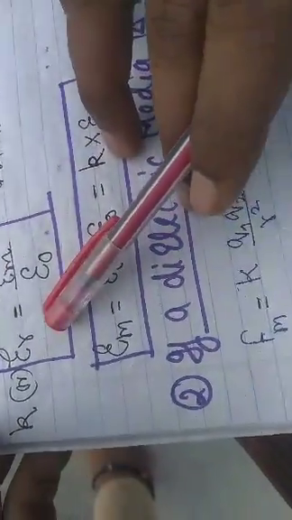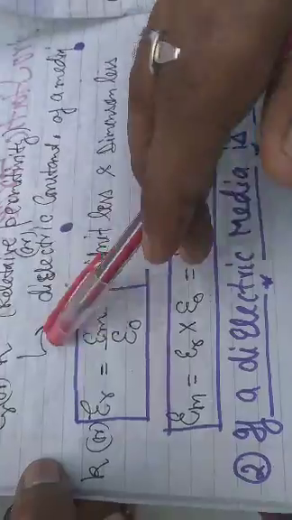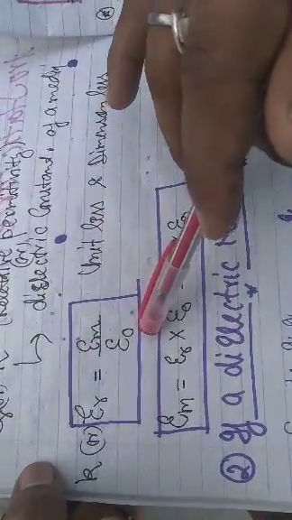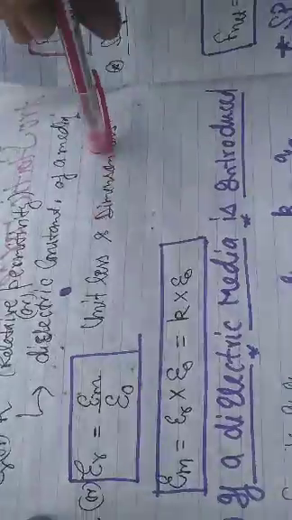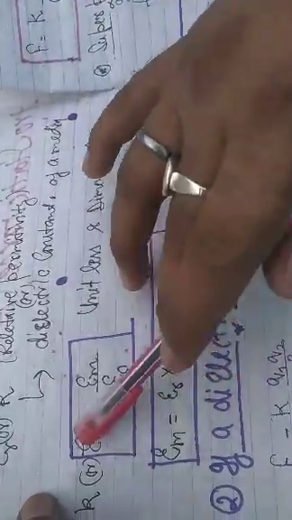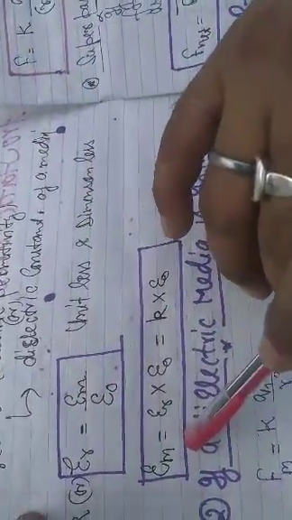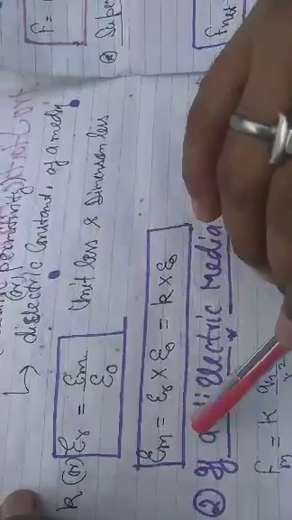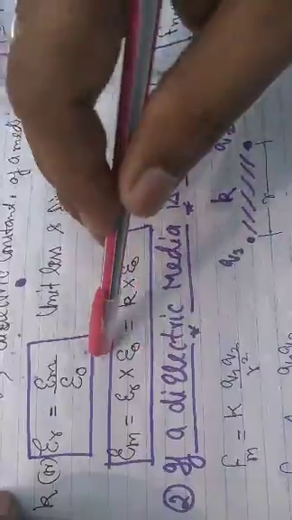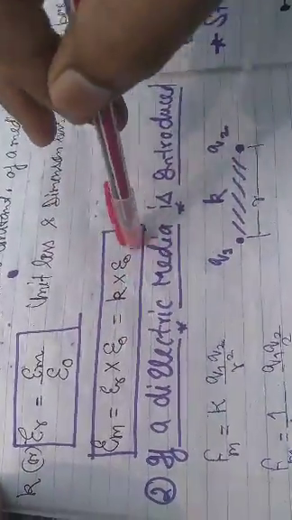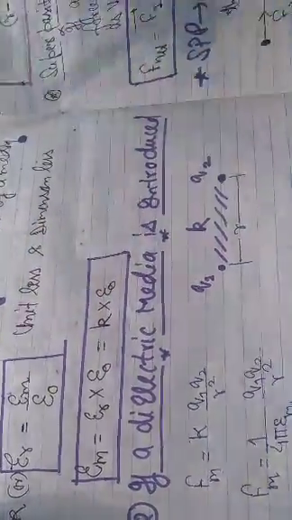The relative permittivity is the ratio of the permittivity of media with respect to the permittivity of free space, and it is a relative quantity, so the units and dimensions cancel out. Then the permittivity of media is equal to relative permittivity multiplied by permittivity of free space, or dielectric constant multiplied by permittivity of free space.